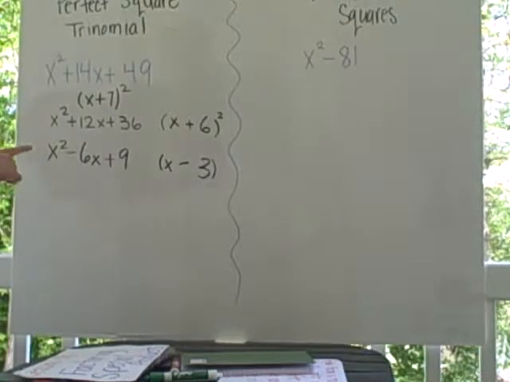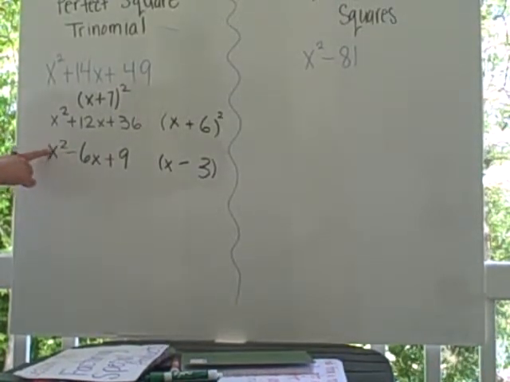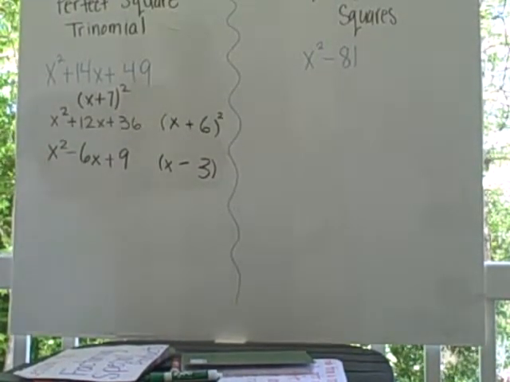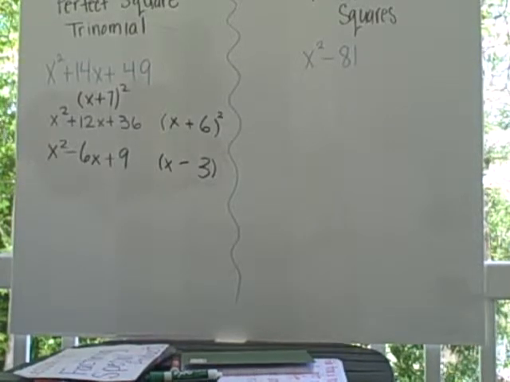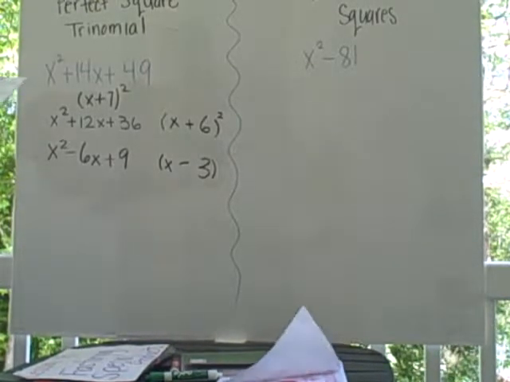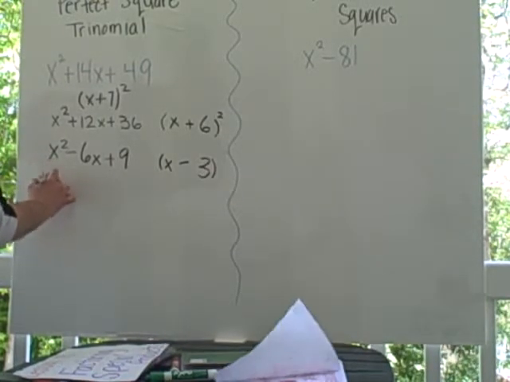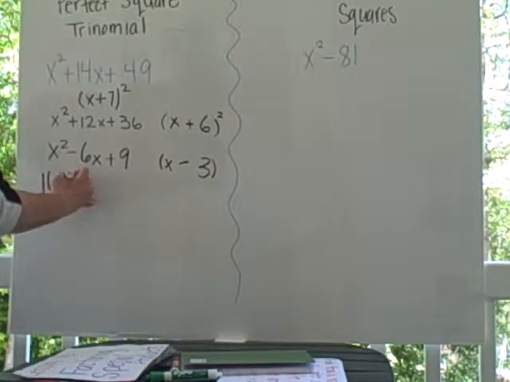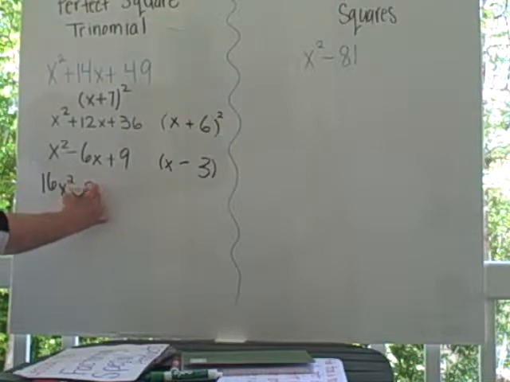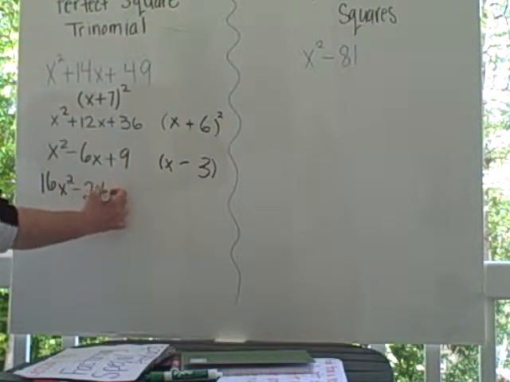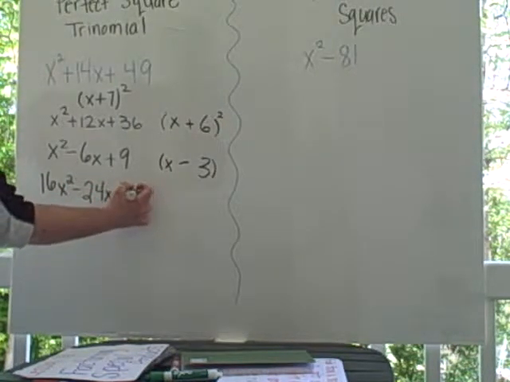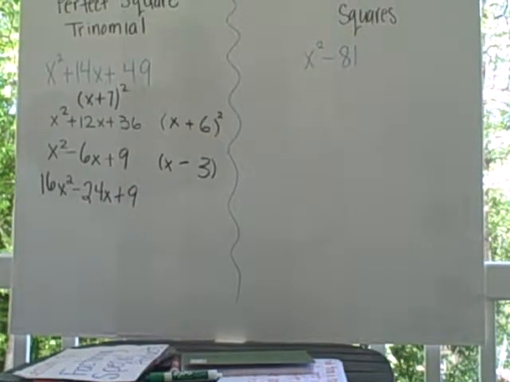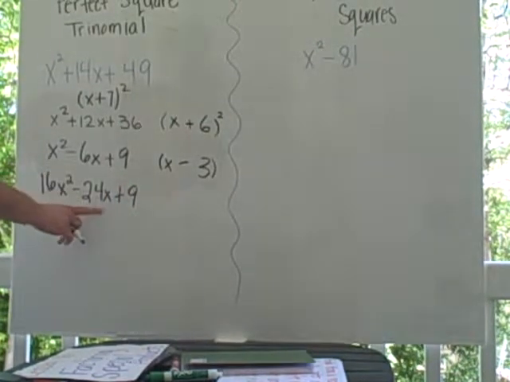Sometimes this x squared, our leading term, is also going to have a numerical coefficient. Let's take a look at an example that has that going on. Here I have 16x squared minus 24x plus 9. Okay, so how do I get this 24 here?